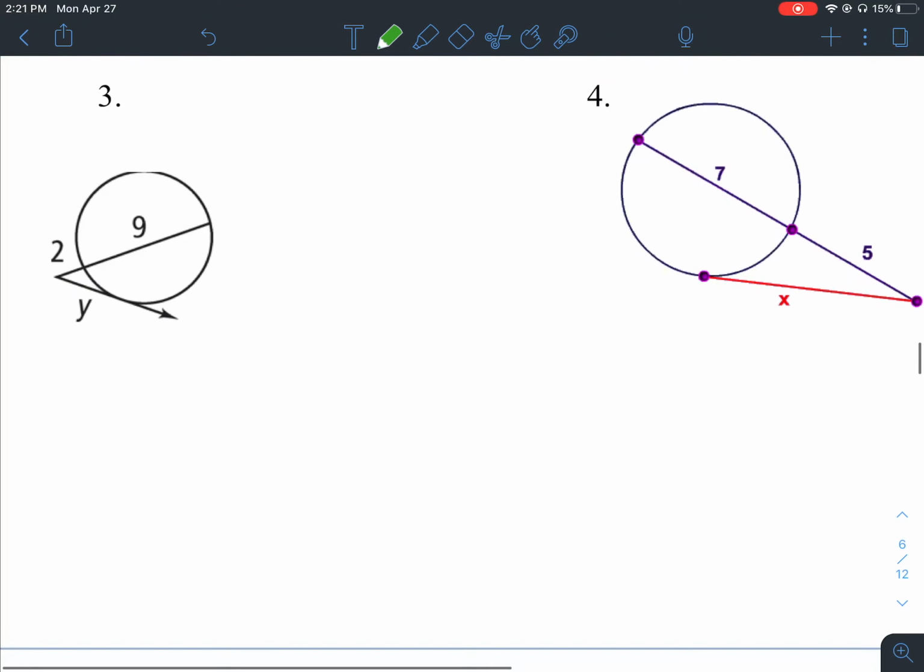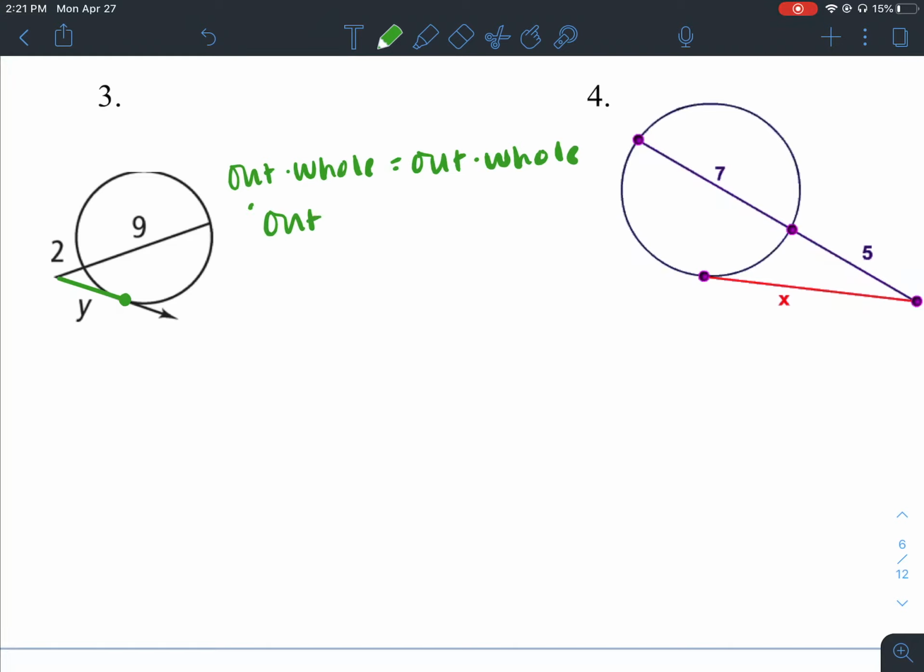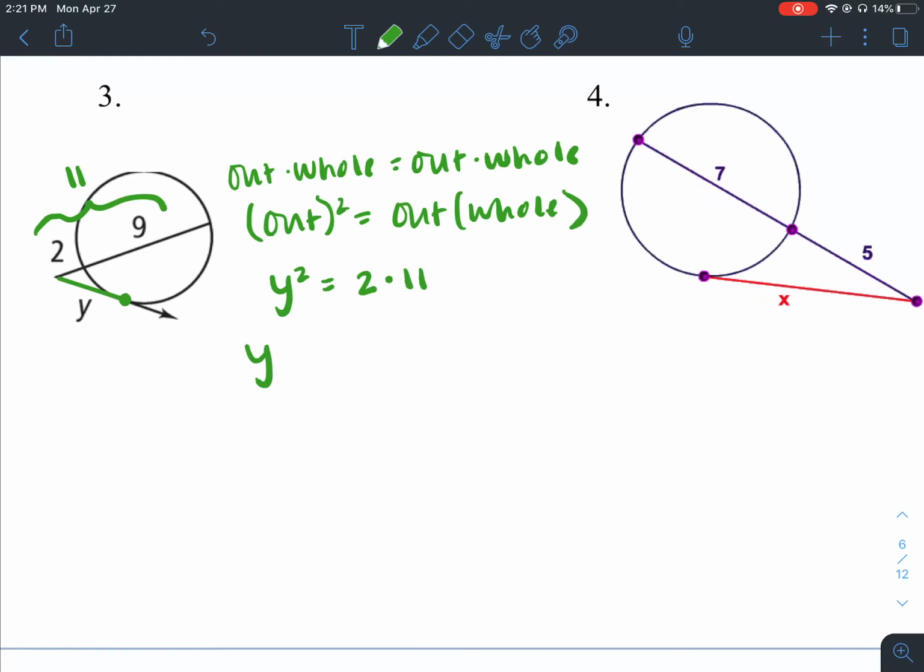I can still start with that same idea of outside times whole equals outside times whole if I want, but when I get to here, my outside and my whole distance are the same thing. So that is the same as outside squared. So either way I want to think about it, it's going to work. The whole distance on this secant is going to be 11. So I get y squared equals 2 times 11, or y squared equals 22.